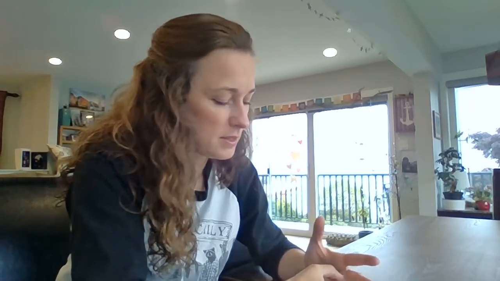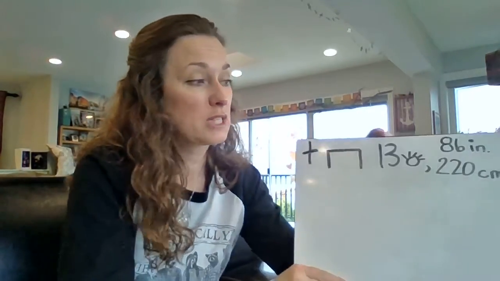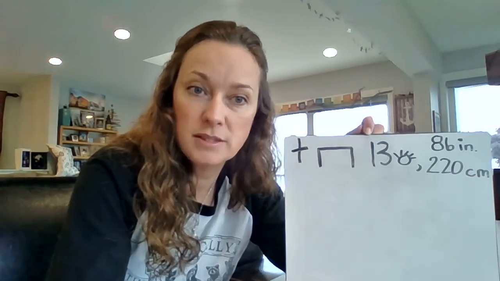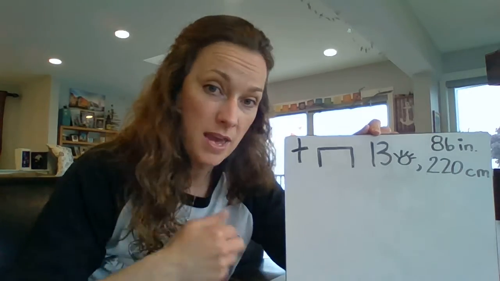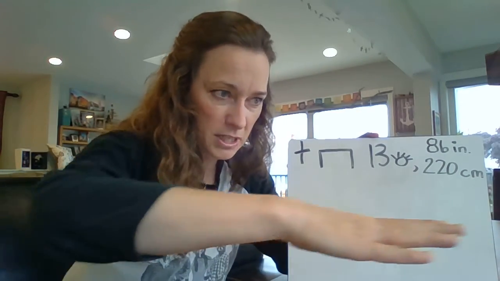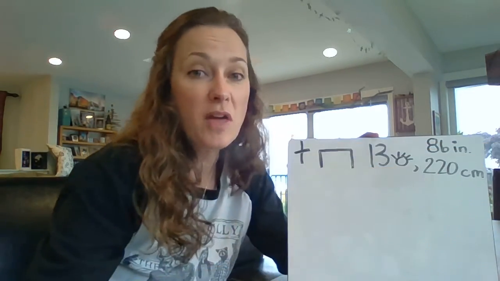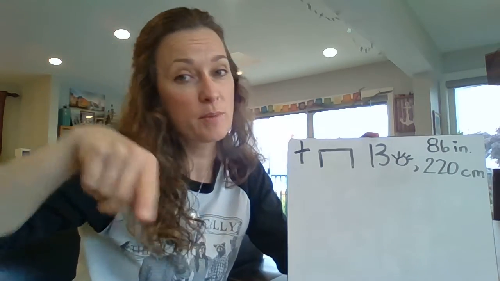So if we only measured by handprints and you went somewhere and you said, okay, I am building a door for my house and I've already measured, and maybe your door is going to be 13 handprints high. And I say, okay, sure. So then I use my hands and I measure out 13 handprints. Well, that would be way longer than what you measured.